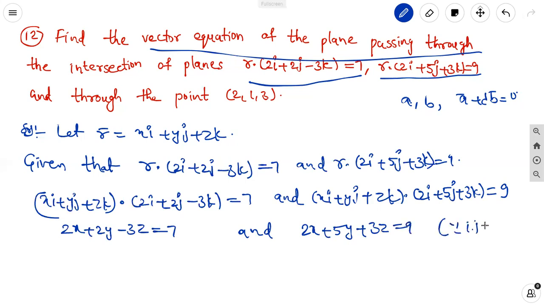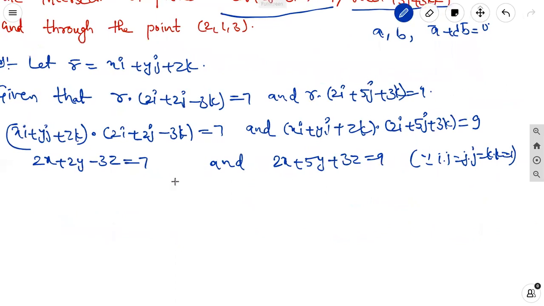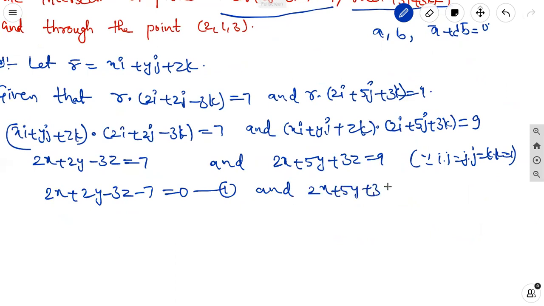Since i dot i equal to j dot j equal to k dot k equal to 1, the dot product of the opposite unit vectors is 0. From this, 2x plus 2y minus 3z minus 7 equal to 0 is equation 1, and 2x plus 5y plus 3z minus 9 equal to 0 is the second equation.